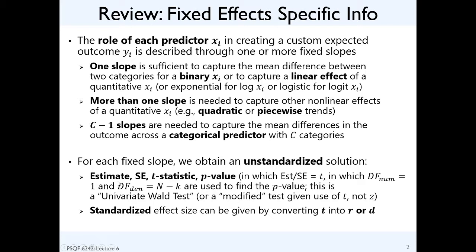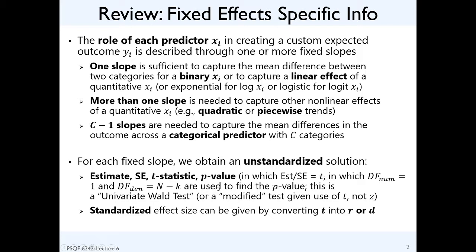So we end up with an estimate for each slope, its standard error, which is a function of the residual variance in the model, as well as the variance in the predictor and sample size. Estimate divided by standard error gives us t, and then given numerator degrees of freedom 1, because we're testing one thing, and denominator degrees of freedom of what's left over, sample size minus the number of fixed effects, we can then get a p-value that goes with t.